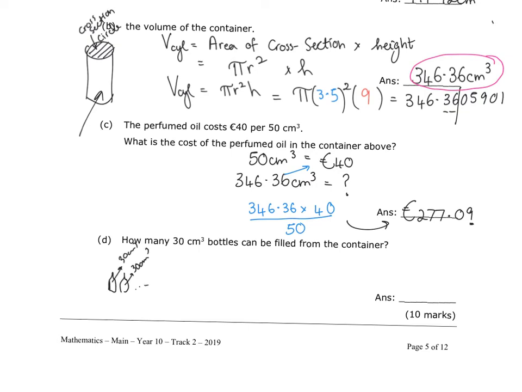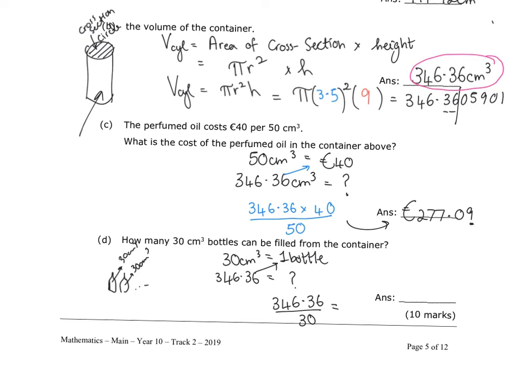So how many of them will I have? So we have one bottle, 30 centimeter cubed, if you want to write down a statement to understand better. And 346.36 will fill up how many bottles? So this times 1, which remains the same, divided by 30.